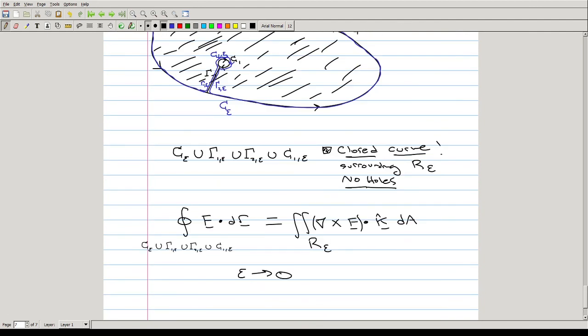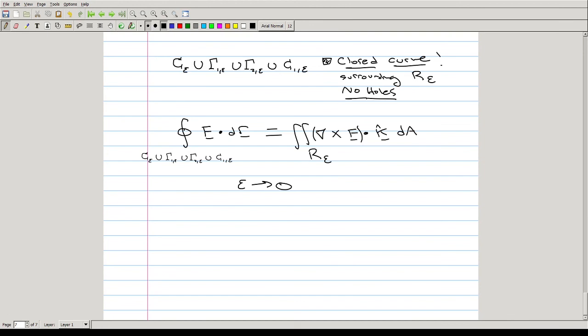And as epsilon goes to 0, gamma 1 epsilon becomes just the curve gamma, which is that cut that we defined initially.